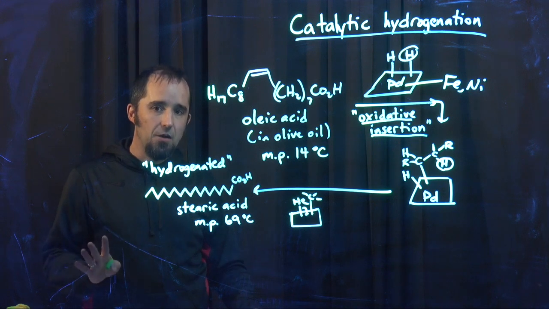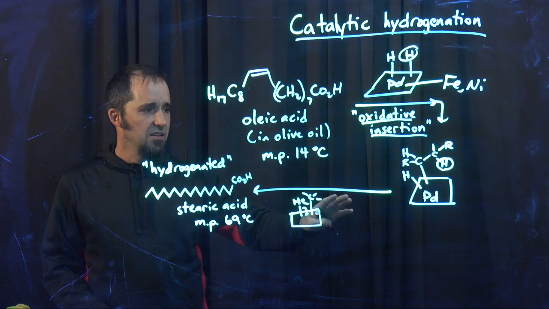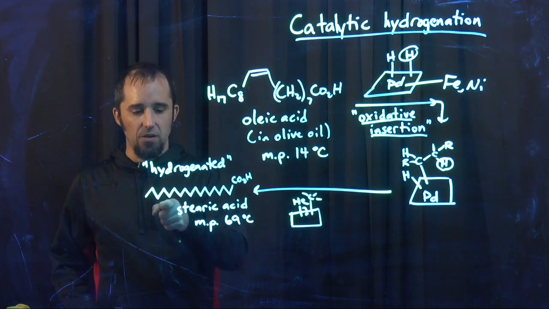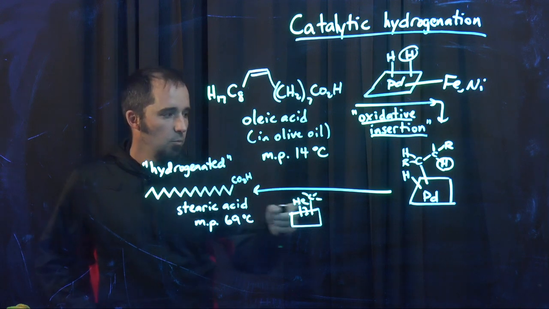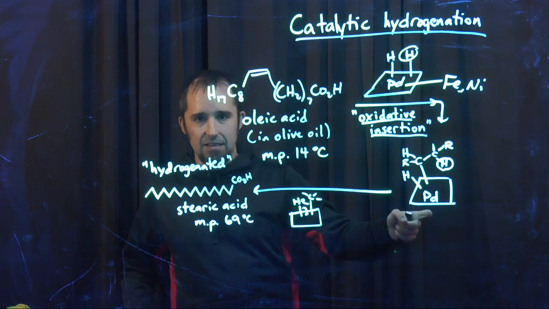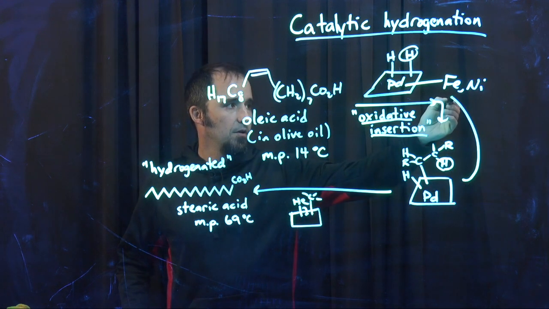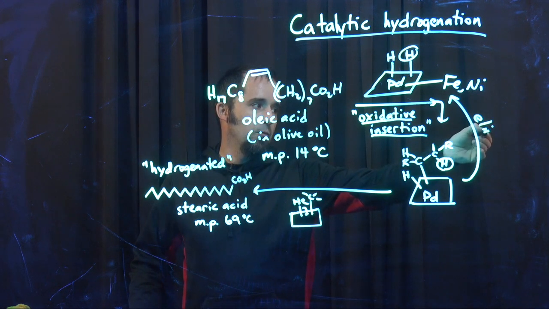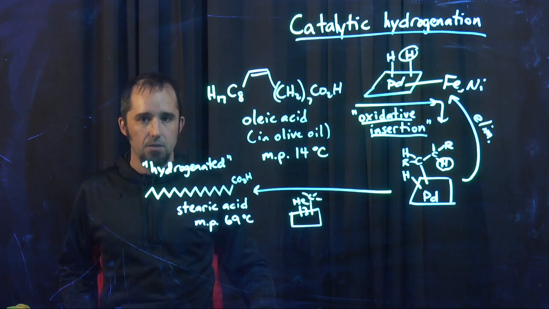Here's the problem with that approach. This reaction technically is reversible. All right? It's not reversible once I get to here, because here I've got no pi bond to grab the catalyst. But from here, technically this thing can eliminate backwards. We'll call that reductive elimination. And again, we'll talk about that more next week.